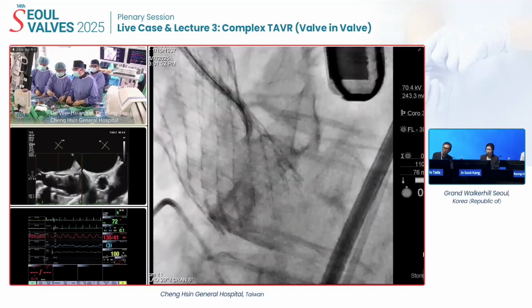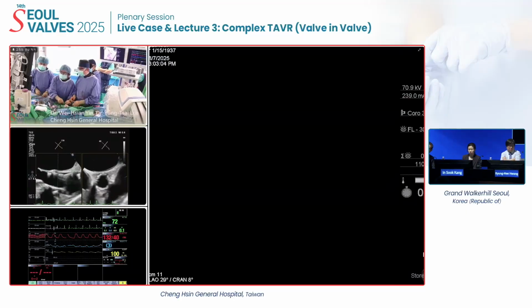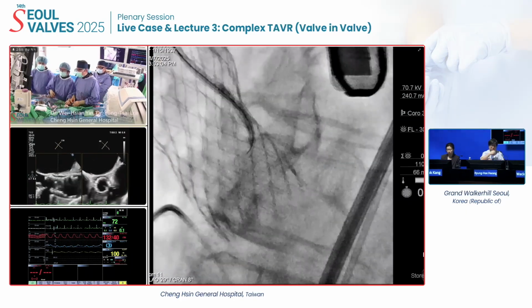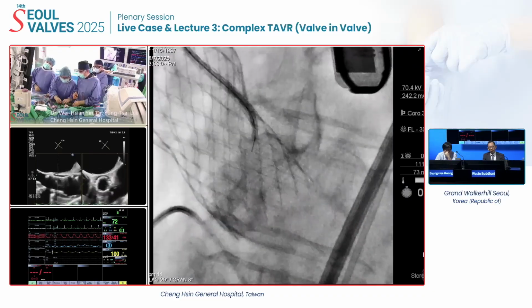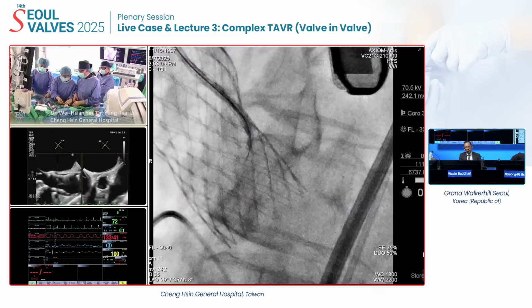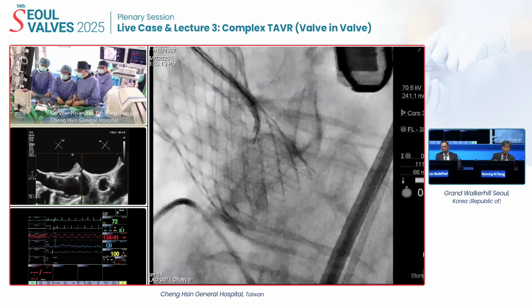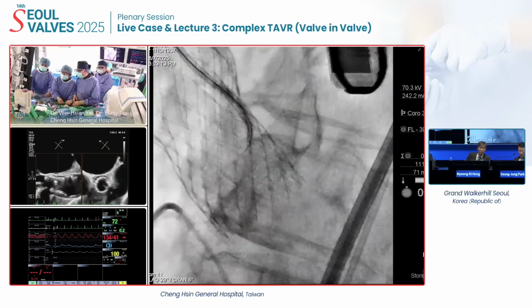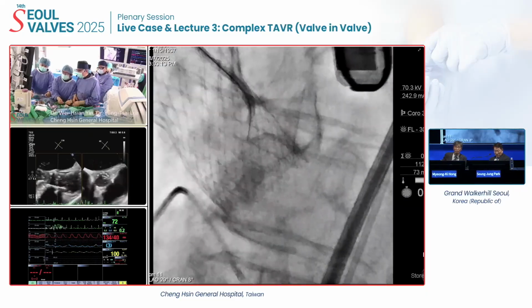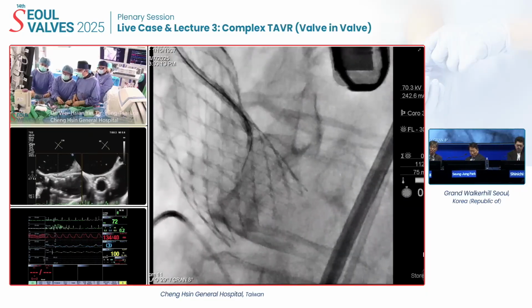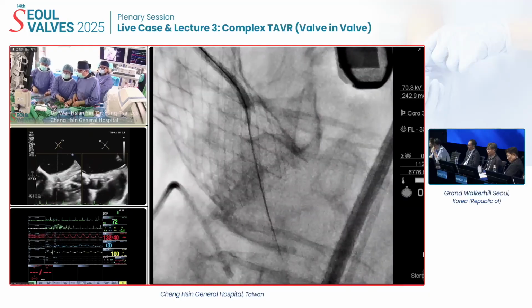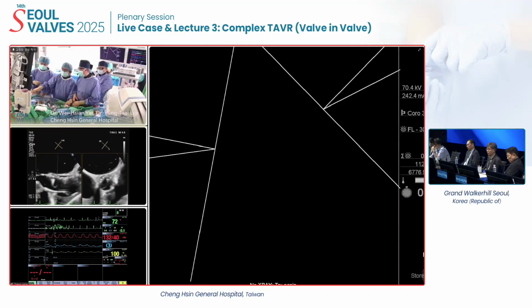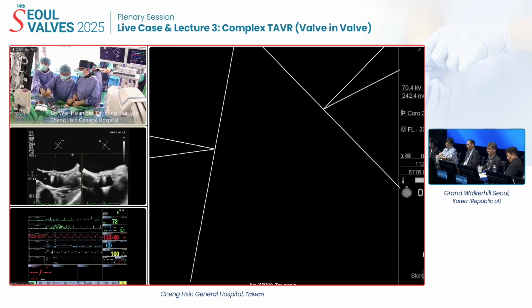In this particular case, we would like to modify the left side and protect the right side. We believe that with a 20 millimeter Sapien 3, it can expand well without significant compromise of the right coronary cusp, right coronary artery. So we chose to do unicorn in this particular case.